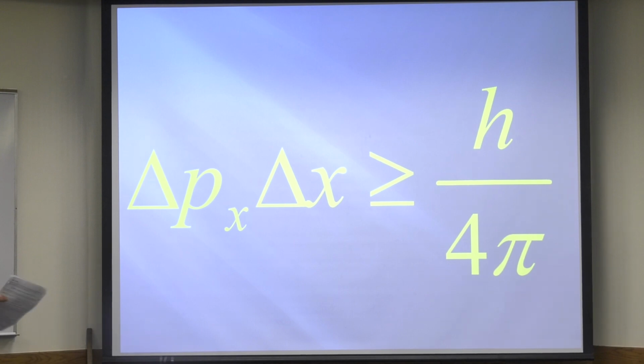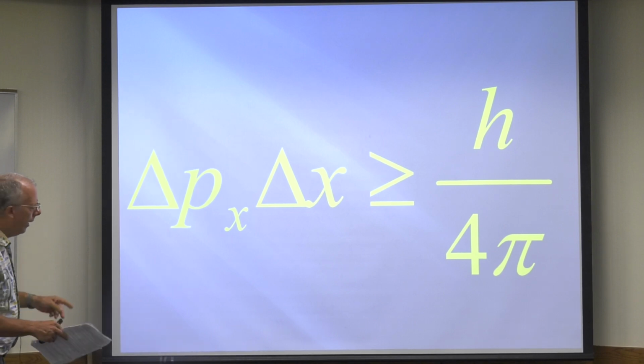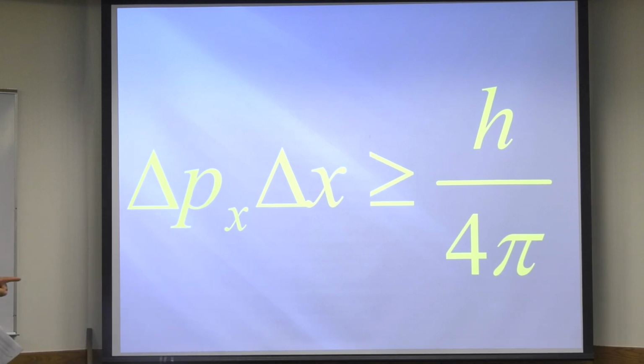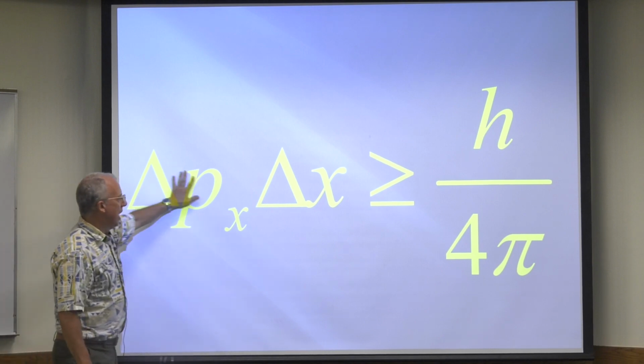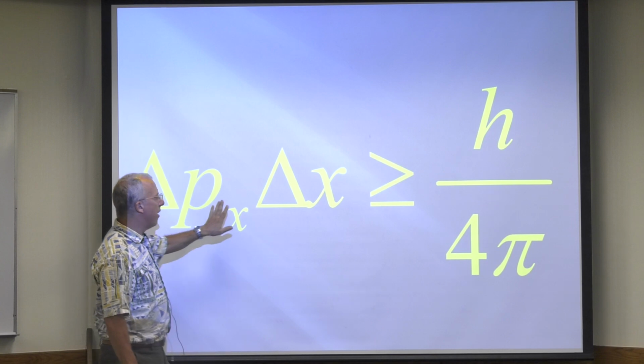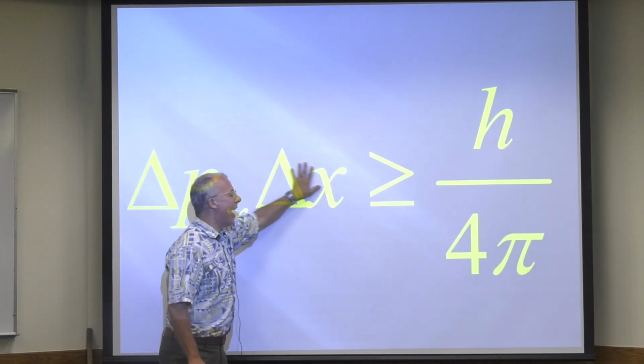All right, now let's pause for a minute and look at that, and let's restate what it means. Because of the wave-like nature of matter, our knowledge of the particle is uncertain. We're never going to know exactly where it is.